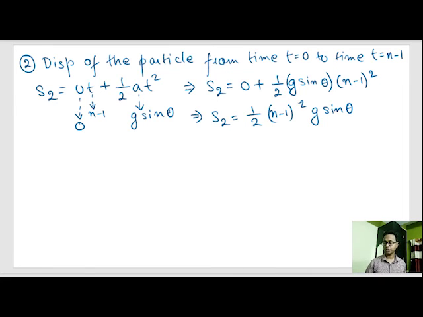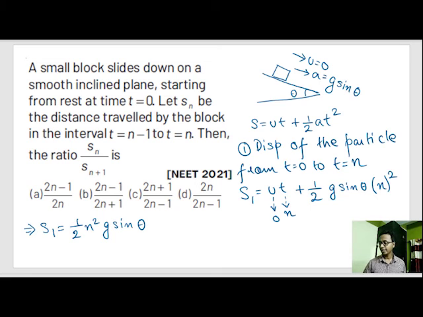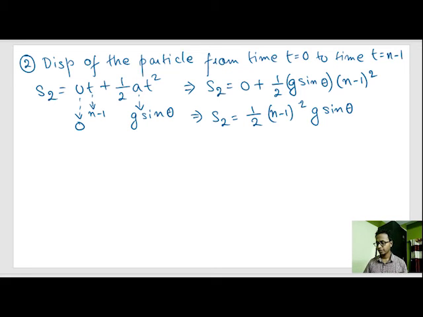Now look at the question properly. It is given, let Sn be the distance travelled by the block from interval t is equal to n minus 1 to t is equal to n. That means, suppose from t is equal to 0 to t is equal to n, this distance is S1. And t is equal to 0 to t is equal to n minus 1, this distance is S2.